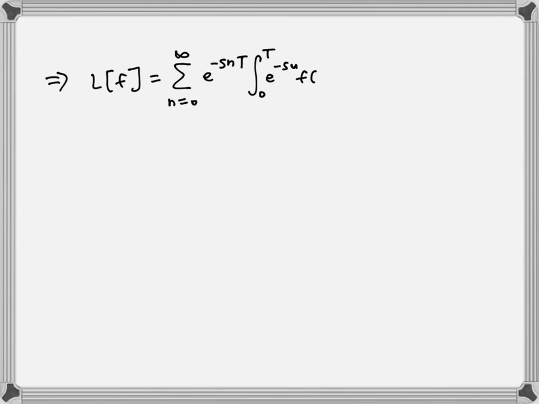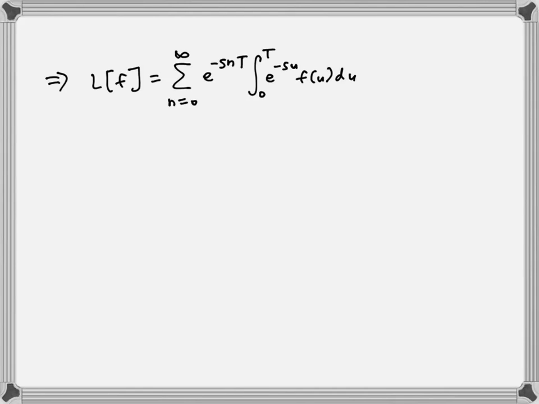The Laplace of f is equal to the sum from n equals 0 to infinity of exactly what I got for this, which is e to the negative s n capital T, integral from 0 to capital T of e to the negative su, f of u du. Okay?